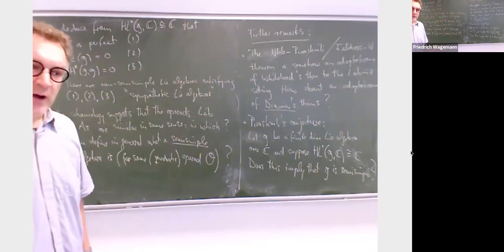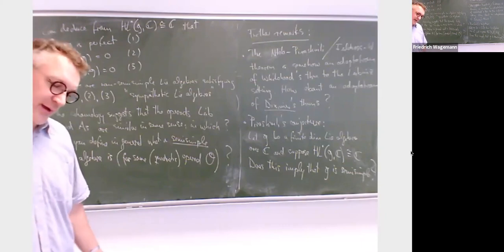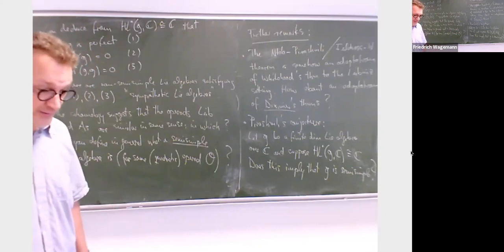Now you can take the second easiest Leibniz algebra, maybe one which is not a Lie algebra.